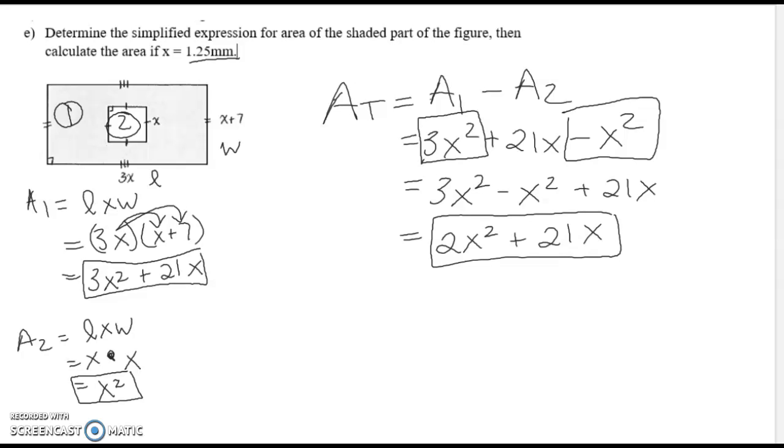And now we have to calculate for when x equals 1.25, okay? So area equals 2x squared plus 21x. And now everywhere we have an x, we're going to plug in 1.25.